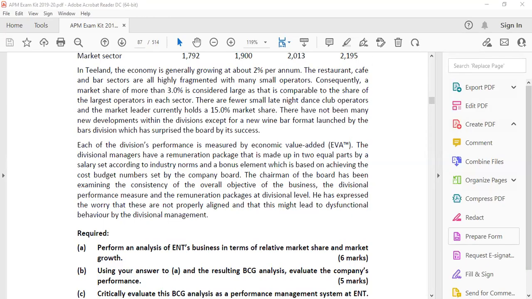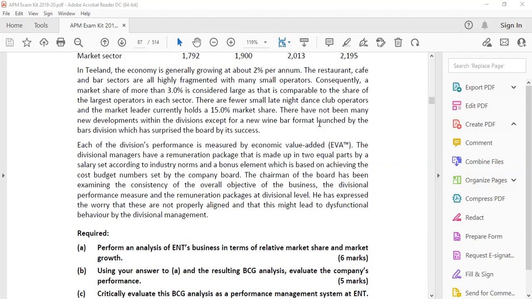There are fewer small late night dance club operators, and the market leader currently holds a 15% market share. There have not been many new developments within the divisions, except that a new wine bar format launched by the bar division has surprised the board by its success.